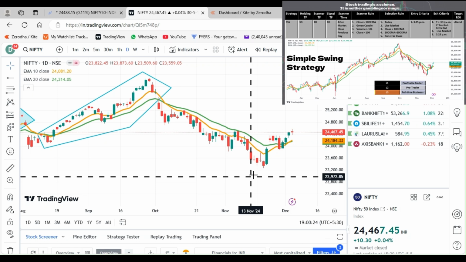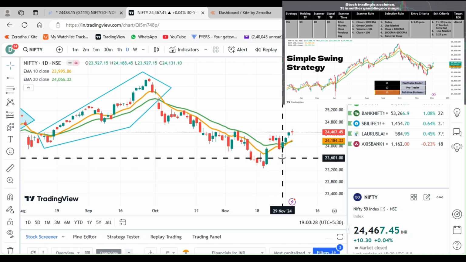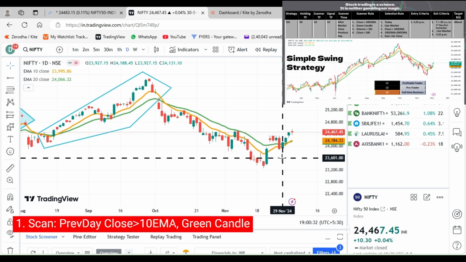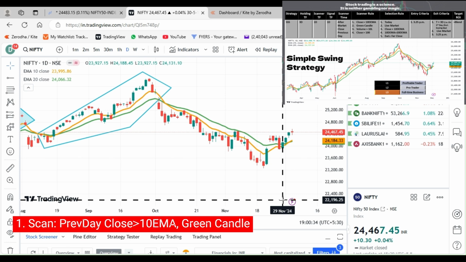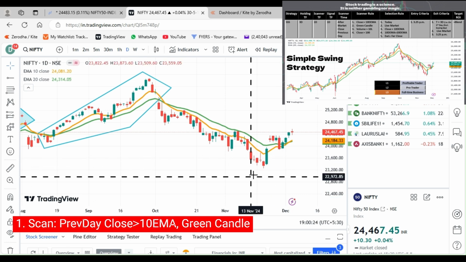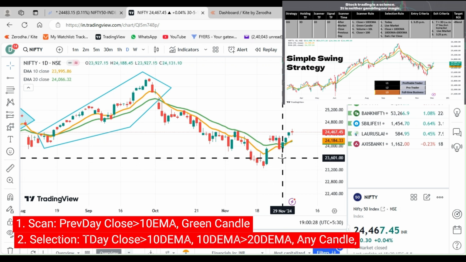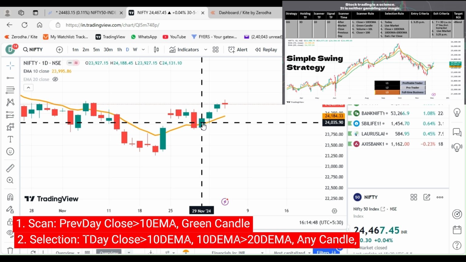Now on the 29th of November you can see that the closer is above the orange line, that is 10 DEMA. So according to our scanner rule, closer is greater than 10 DEMA and the candle is green, so that is satisfied on 29th of November. Now coming to selection rule, that means when we are going to enter, that is on 2nd of December for this particular example.